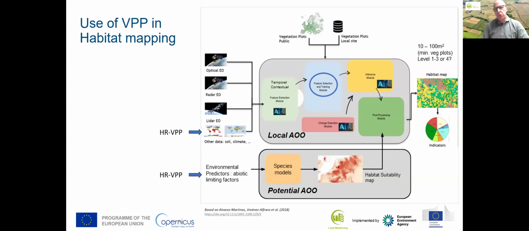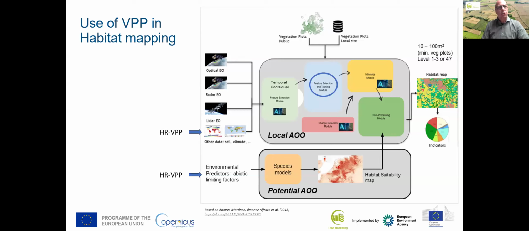Species models like Maxent and others were used for that, derived from environmental predictors where abiotic factors are the limiting factors, and there HR-VPP has been used and checked on how it can contribute to generating the habitat suitability maps.